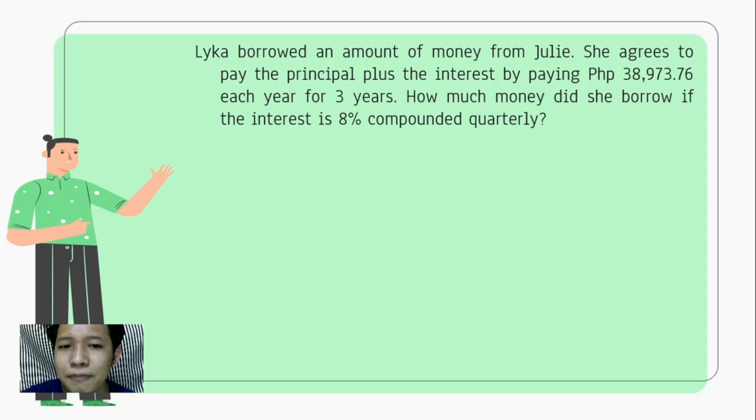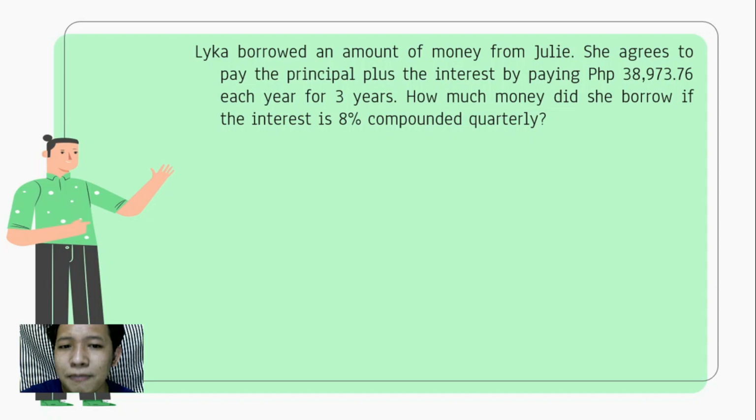We have Laika borrowed an amount of money from Julie. And then, sabi, she agrees to pay the principal plus the interest. So, ibig sabihin, babayaran niya yung interest at saka yung principal by paying 38,973.76 pesos each year for 3 years.